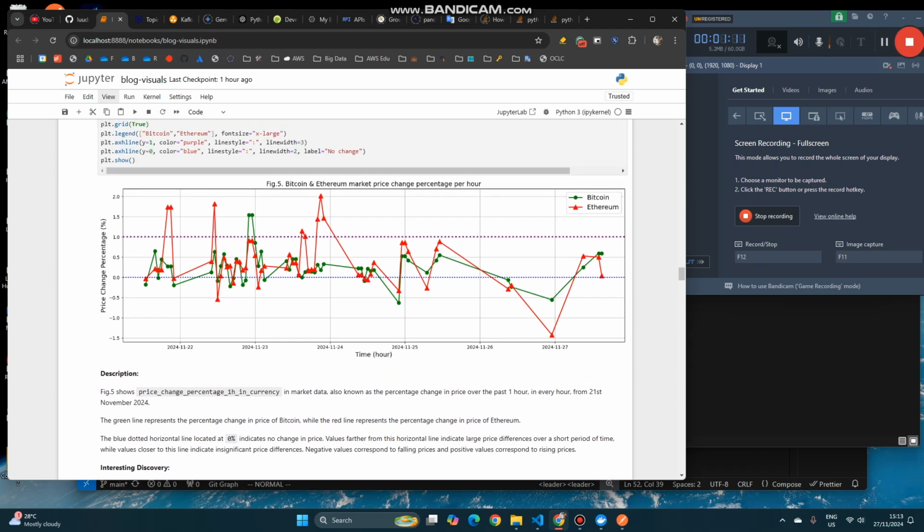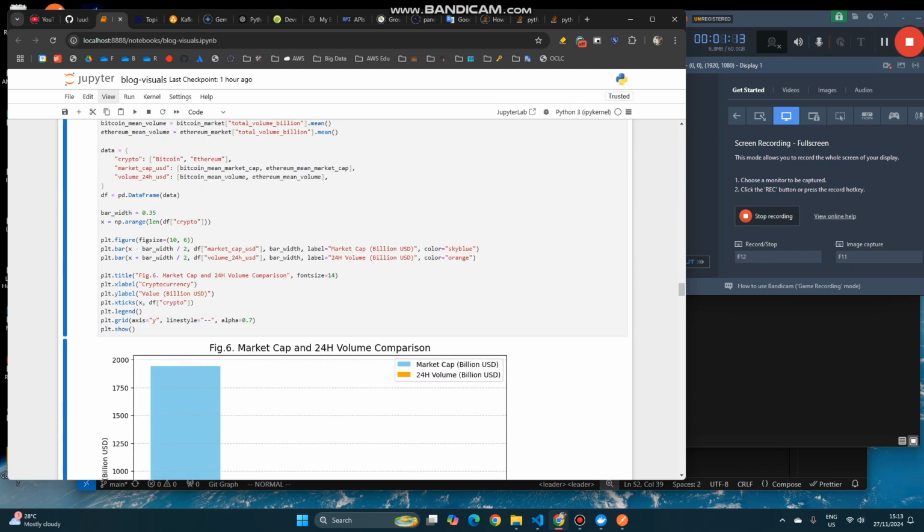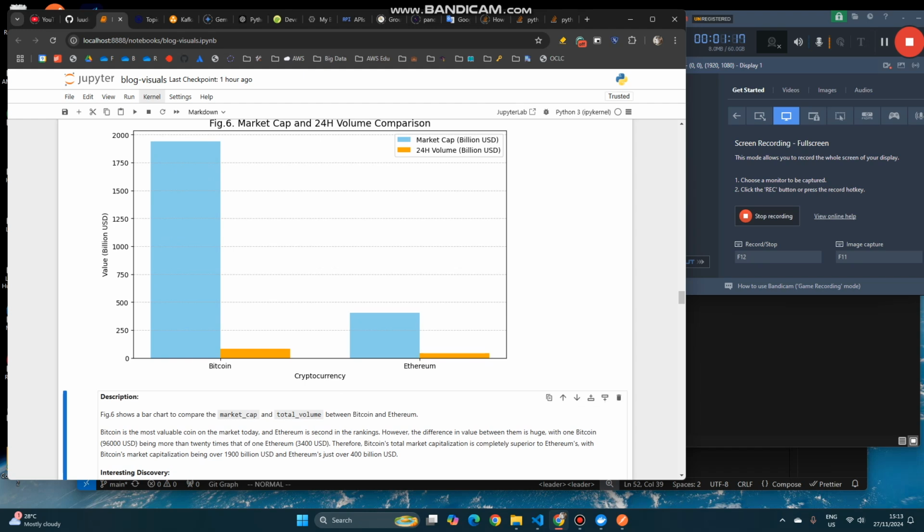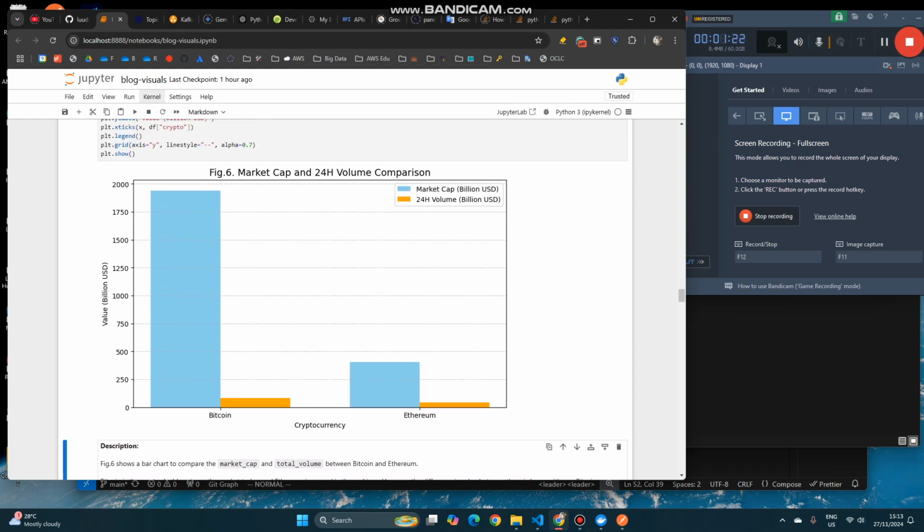We can hold Bitcoin. Okay, let's move to the next plot that we have. This is the bar chart. I want to compare the market capitalization of Bitcoin and Ethereum.